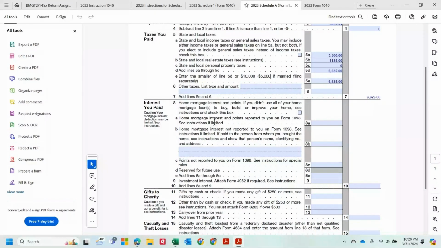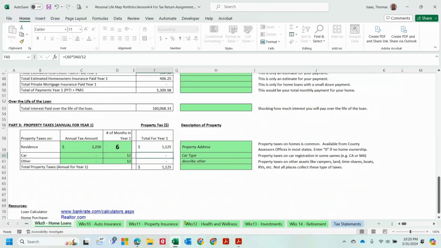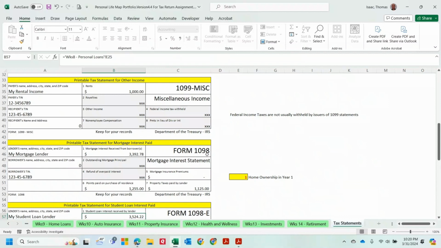So if you have any questions about that, go to the instructions. But back to our tax statement, here's our 1098, and you can see I have interest here, $33.92 and 78 cents. I'm going to write that number down.